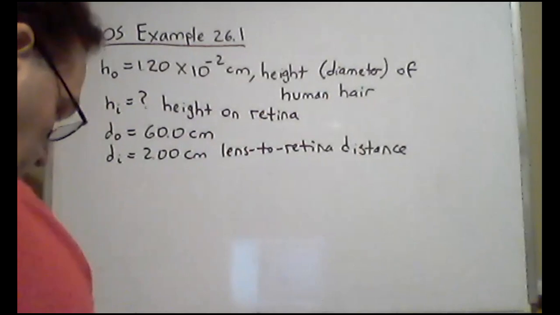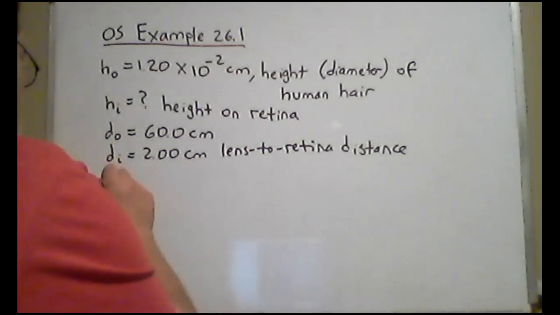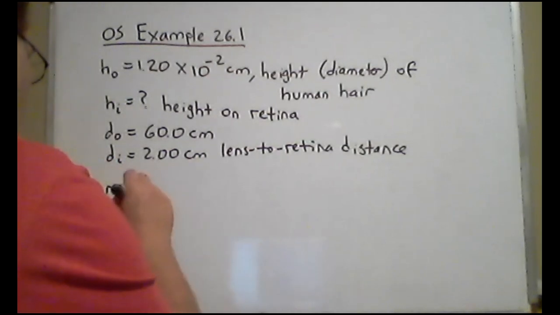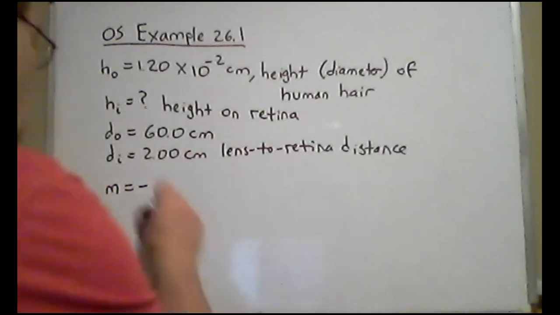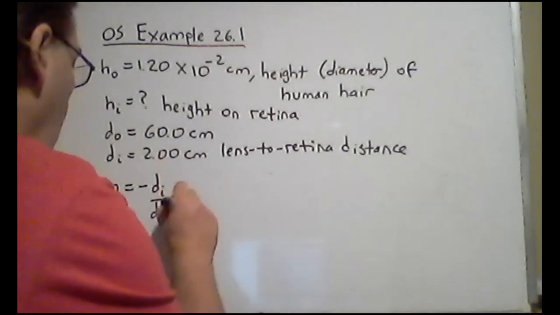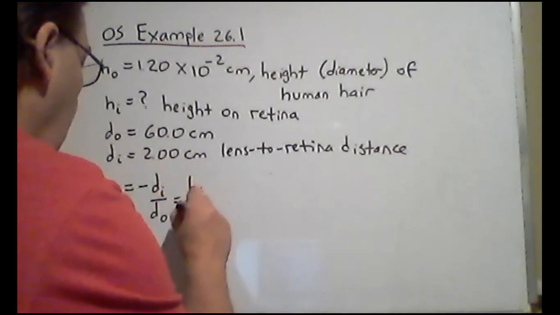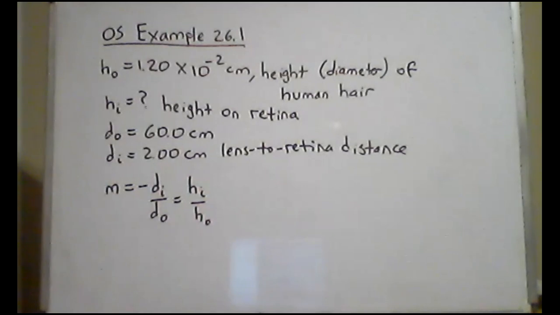So what are we going to do? Well, we're going to use the magnification formula, and we can use it two different ways. We have two forms of the magnification, and we don't actually ever have to calculate the magnification itself. Negative d sub I over d sub O equals h sub I over h sub O. So the magnification formula is a negative ratio of either the image distance over the object distance, or the ratio of the image height over the object height.